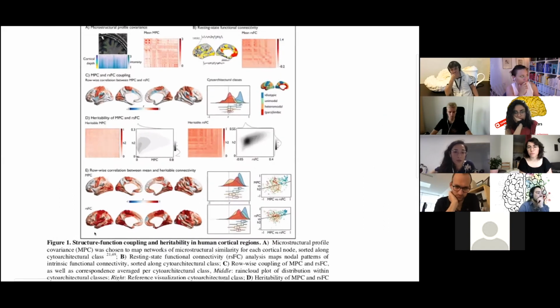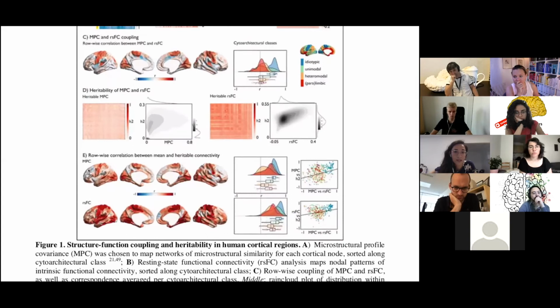It makes sense because of the lower heritability of the higher cognitive transmodal system structures.